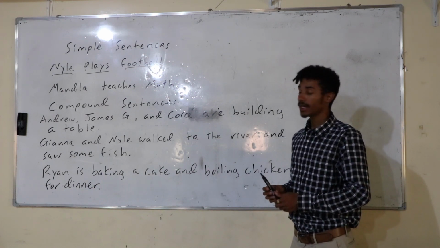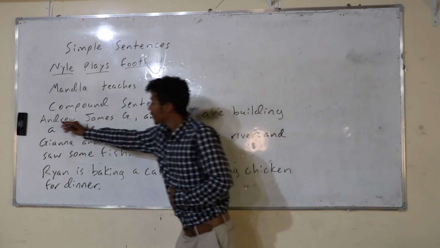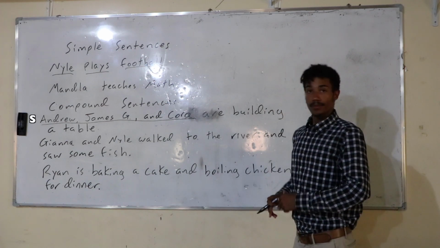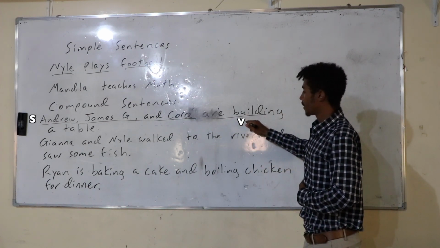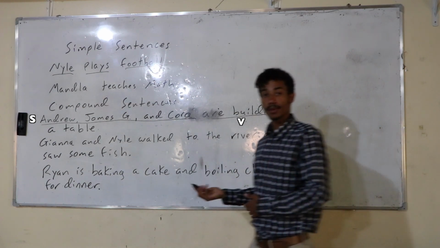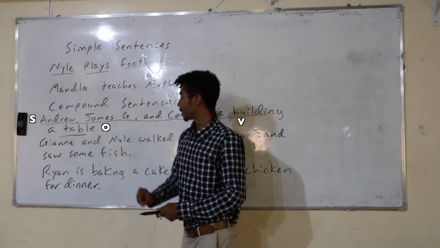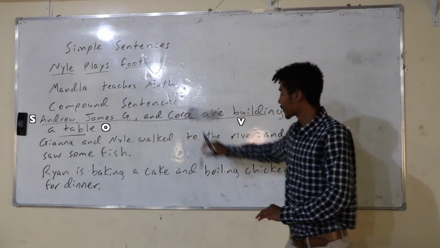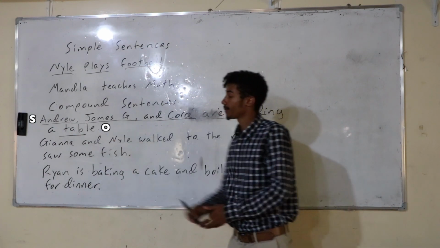Andrew, James G, and Cora are all the subjects. Building is our verb, and a table becomes our object. What this means is that all 3 subjects are doing the same verb to the same object.